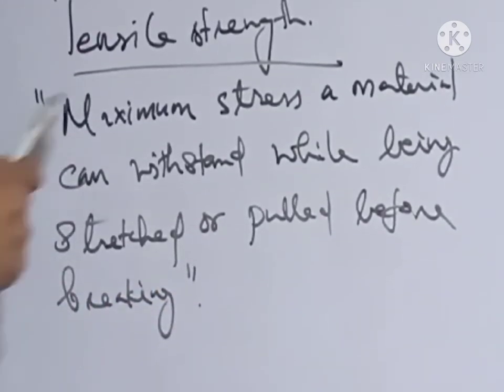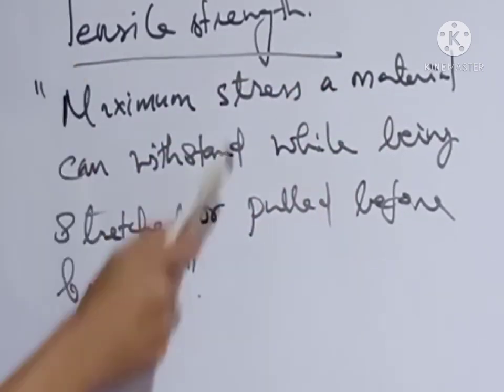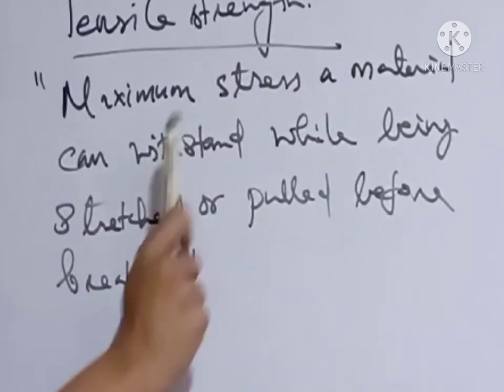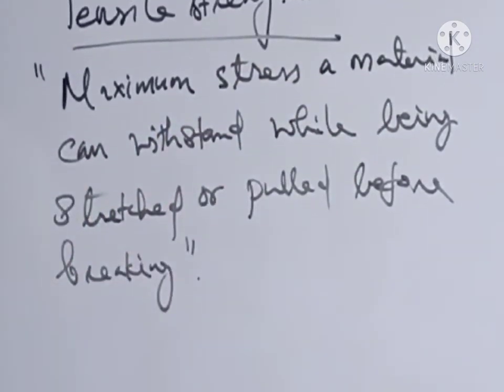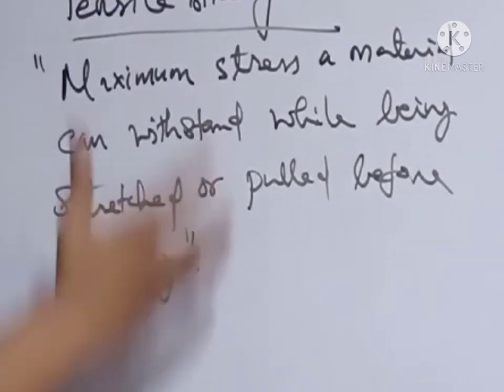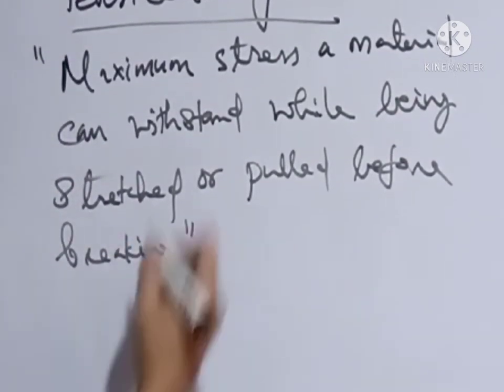Tensile strength is the maximum stress a material can withstand while being stretched or pulled just before breaking. And the tensile strength of nanomaterials is very high.